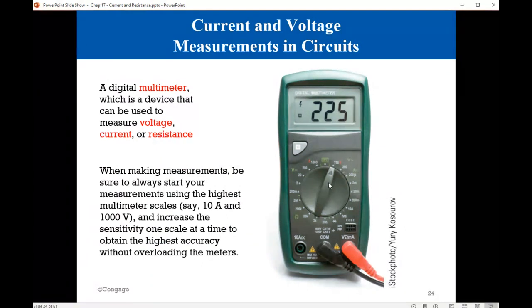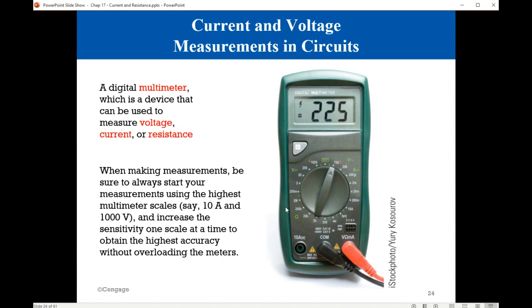Usually, we have different ranges here that we set using this knob. As we measure electric quantities in circuits, usually we start with the higher range and go gradually to the next smaller range in order to improve the sensitivity of the multimeter as we do the measurements.